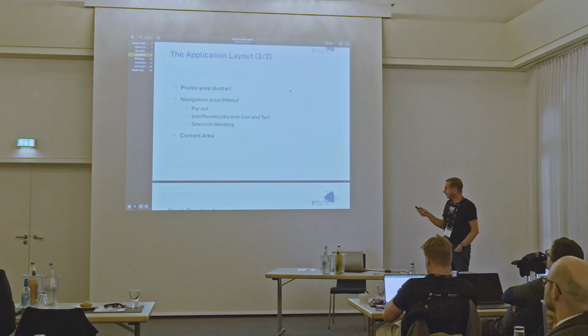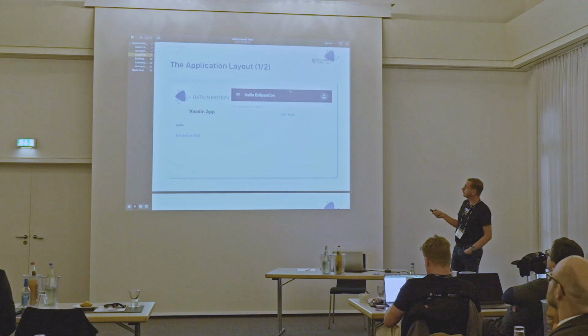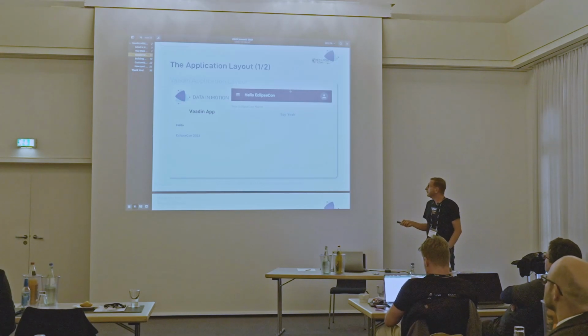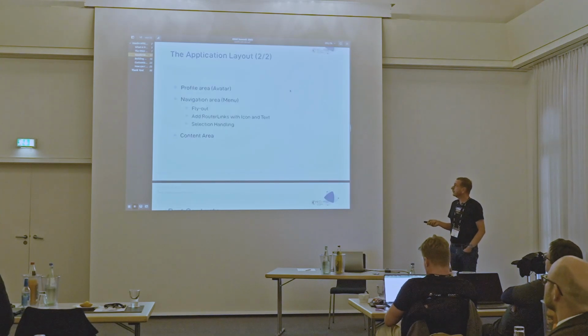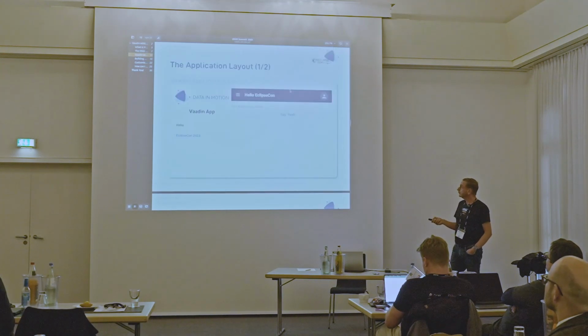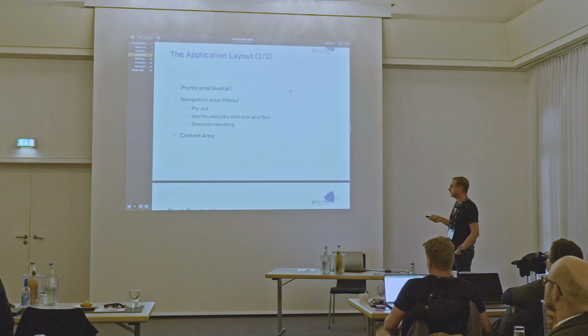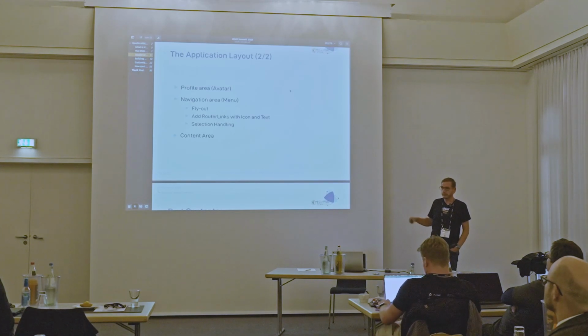We have a navigation area here as a flyout, just when we push this small button here. And we can place the navigation in it, and we have master-details selection handling, which means when I click here, then this front-end element will be activated. So we don't have to deal with that. This layout handles everything for us. And usually we also have a content area.